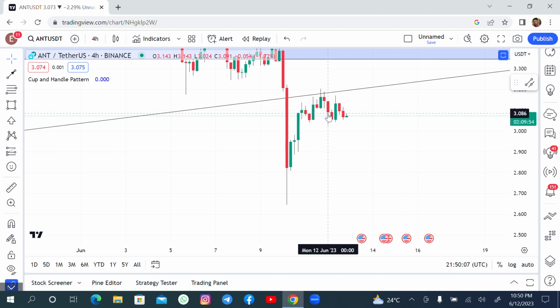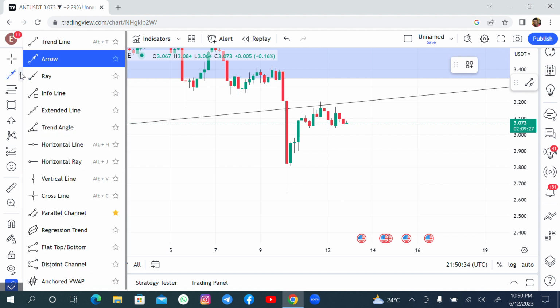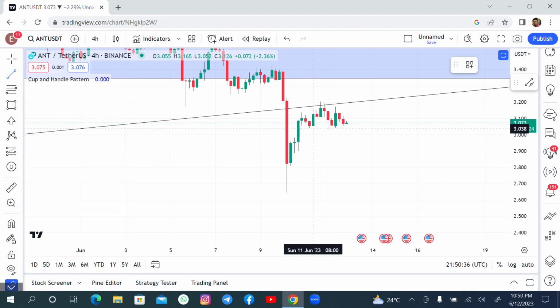Now you can see price is actually retesting this trend line. So what I would rather do is wait for these lows to be taken out completely, so that I have a change of character somewhere around this place.